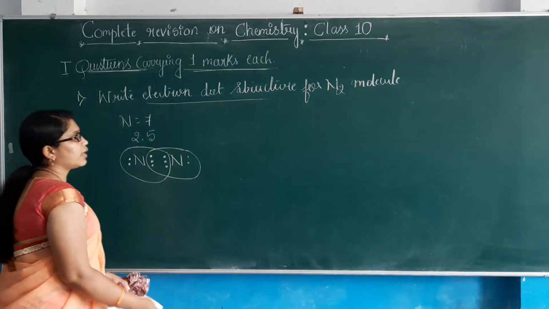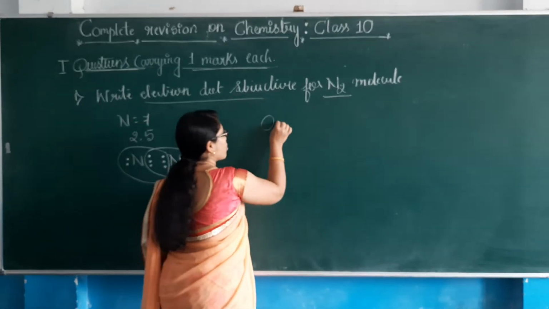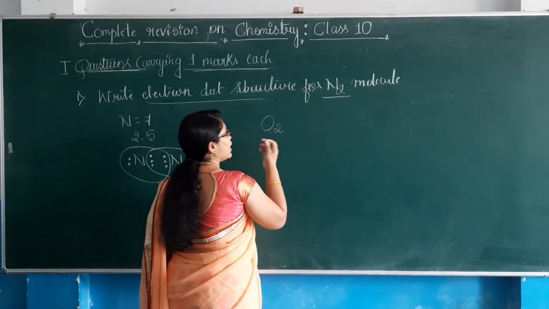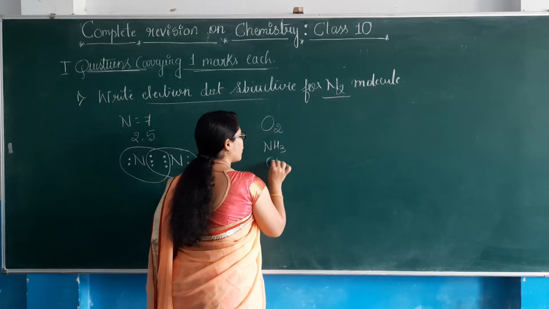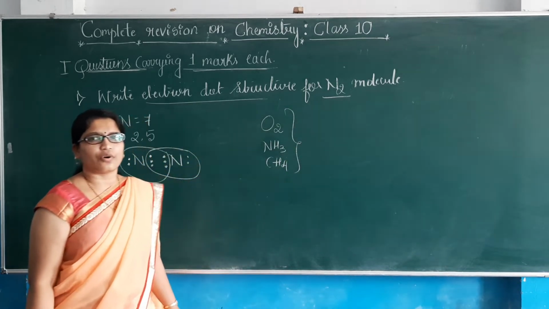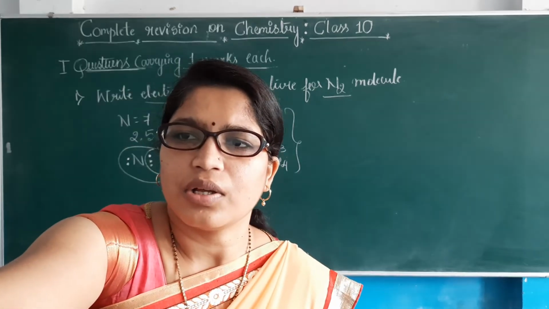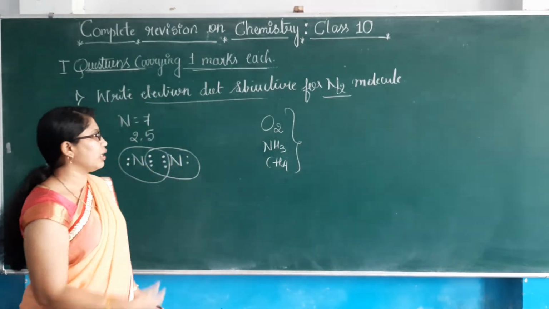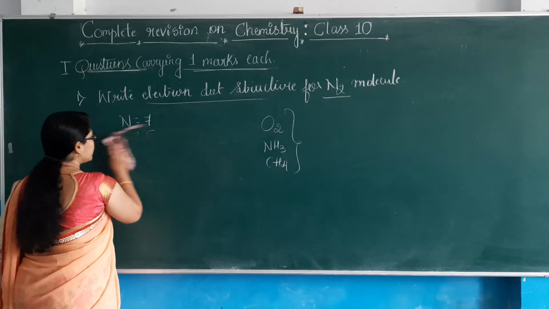Similarly, it will not be asked only for nitrogen. They may ask for the oxygen molecule, or any other molecule like NH3 or CH4. All these examples can be asked in your examination. N2 was previously asked, the electron dot structure for the nitrogen molecule. So this is how we are supposed to write the answer.